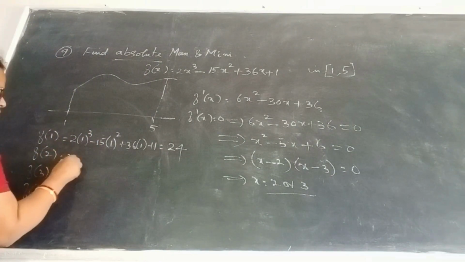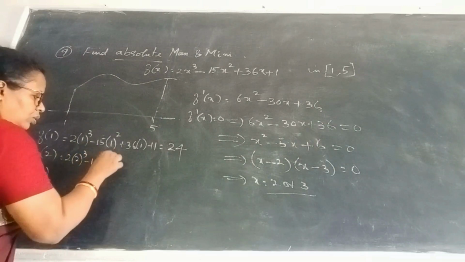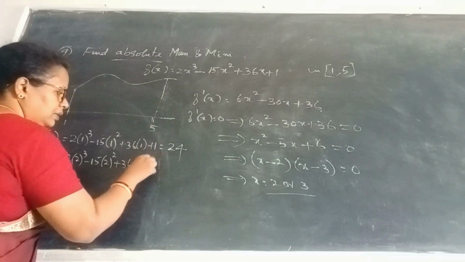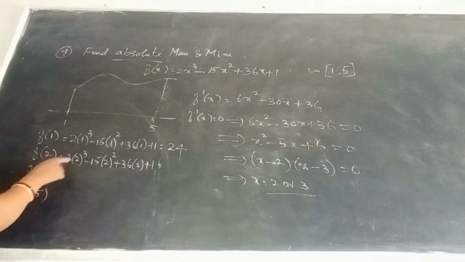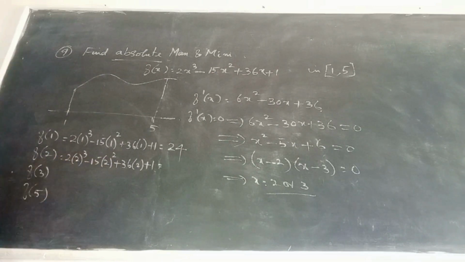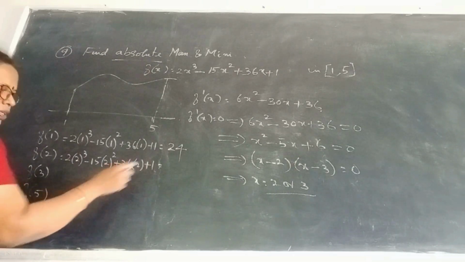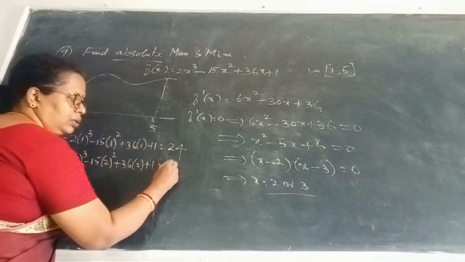F of 2 is 2 into 2 cubed minus 15 into 2 squared plus 36 into 2 plus 1. 2 cubed is 8, 8 into 2, 16. 2 squared is 4, 4 into 15, 60. 36 into 2, 72 plus 1. So altogether it will be 29.